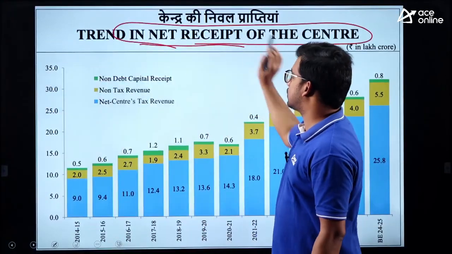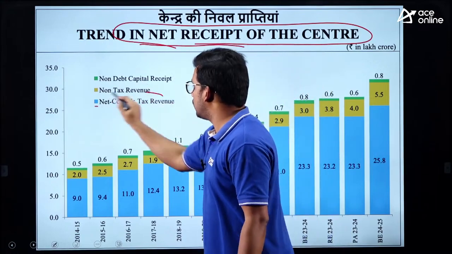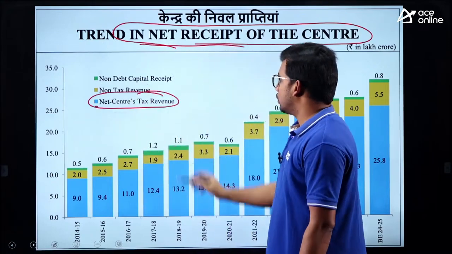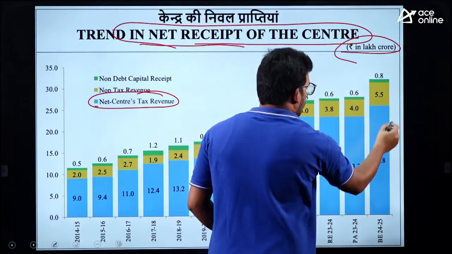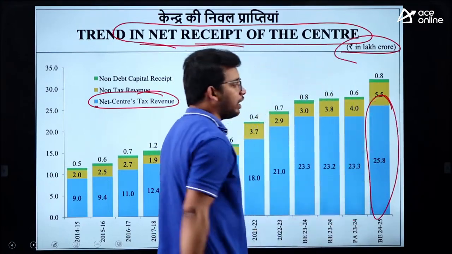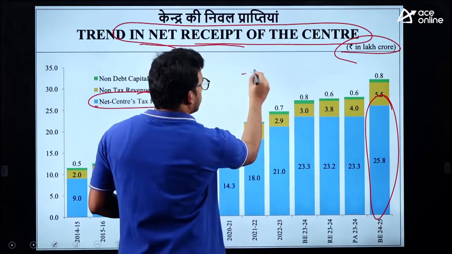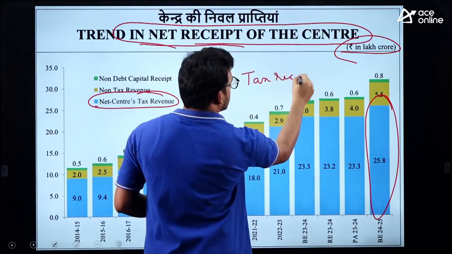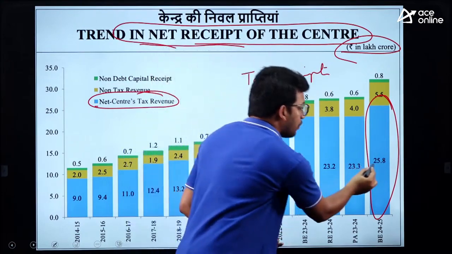These are net non-tax ones, right. Net tax is also given anyway. The total tax revenue that government is getting in terms of lakh crore is 25.8. This is the total tax receipts. Tax receipts is the highest one for the government, direct tax plus indirect tax.